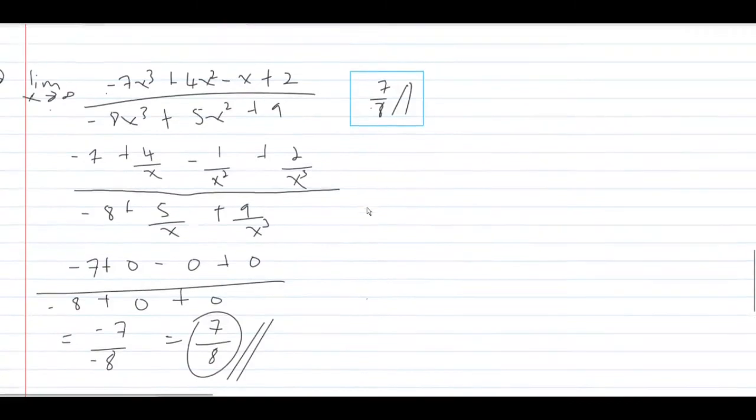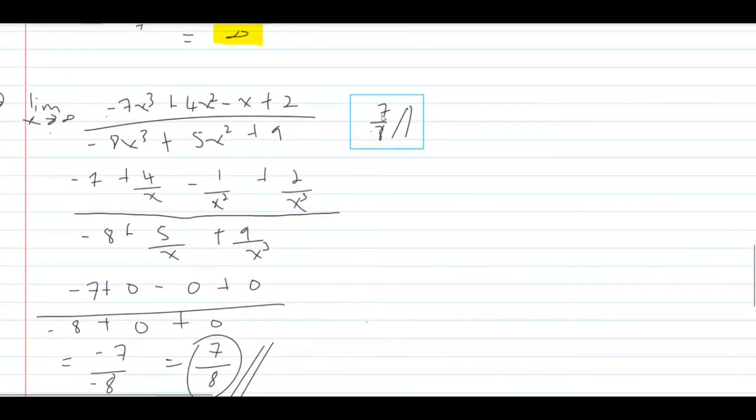And if we go back to what we said, from looking at it, it would be 7 over 8. So now you know you can just look at a function as x approaches infinity and tell the limit of that function. Right?